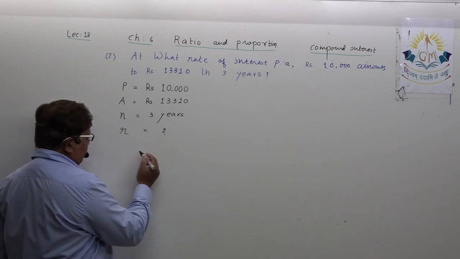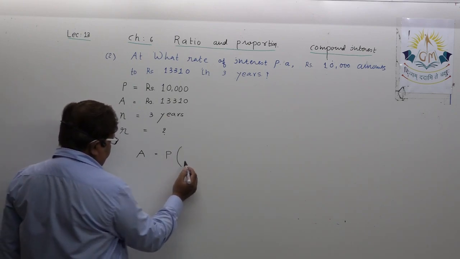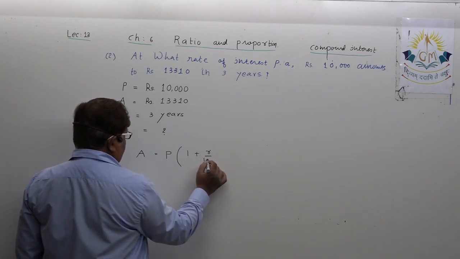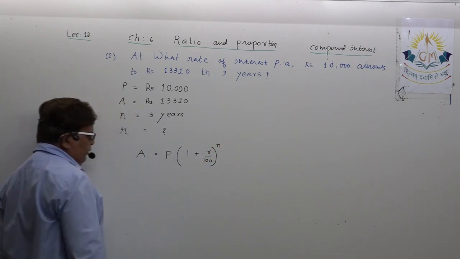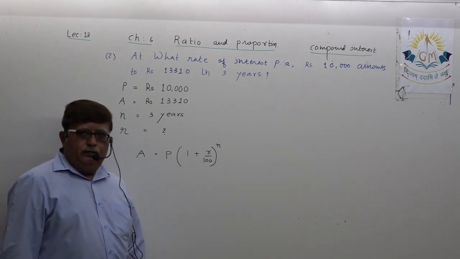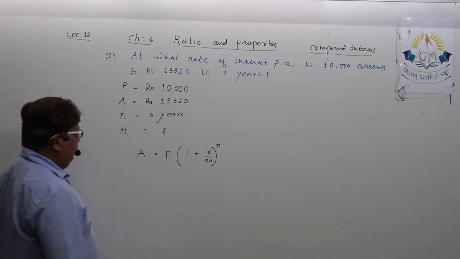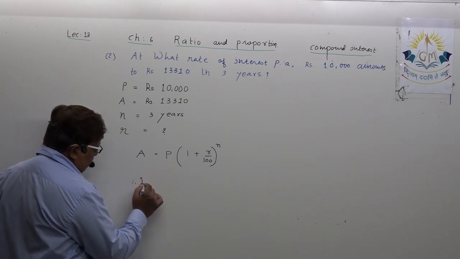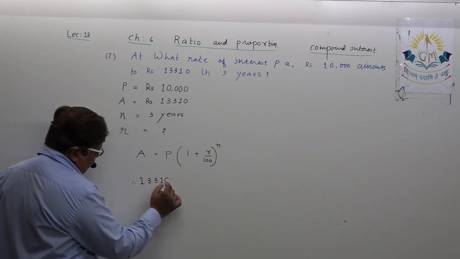First, the formula as usual: A equal to P into bracket 1 plus R upon 100 raised to N. Okay, dear student. After writing the formula, let us substitute the values. What is the amount given? 13310, dear student.